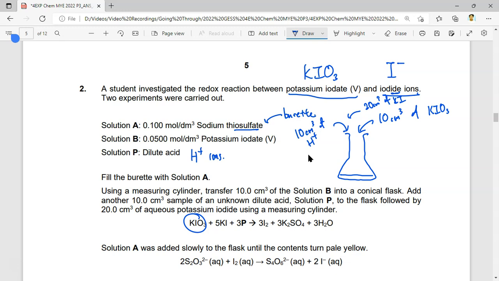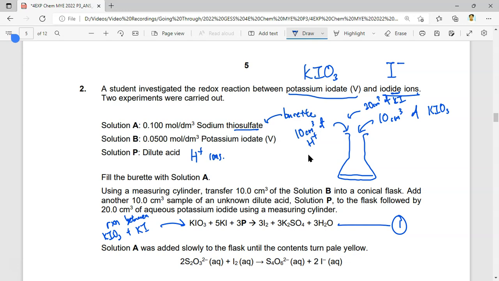And realize, hey, isn't this like the three things I added? So this equation represents the reaction. So this equation here that you have, let's call this equation 1. This is actually the reaction between potassium iodate(V) and your I minus, which is your iodide ions, which is present in KI. So these two are the things that are really reacting.